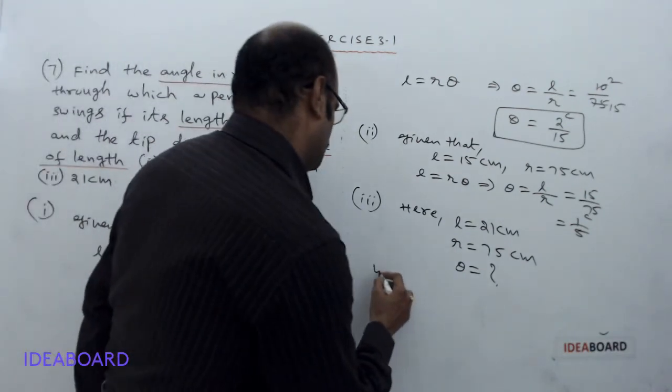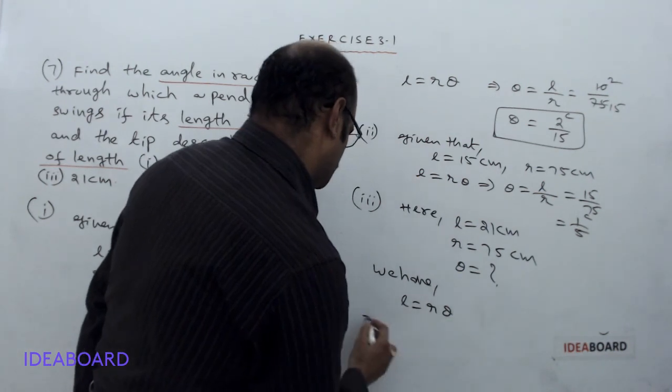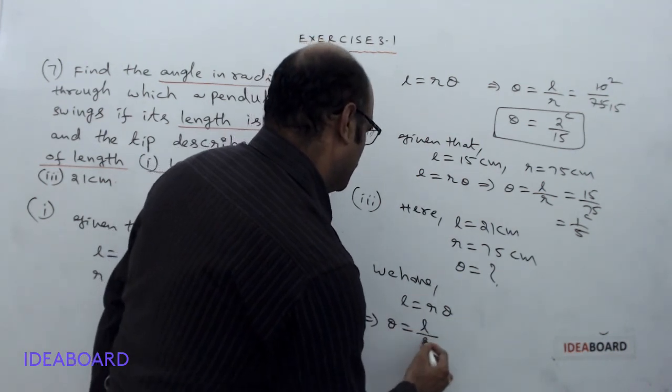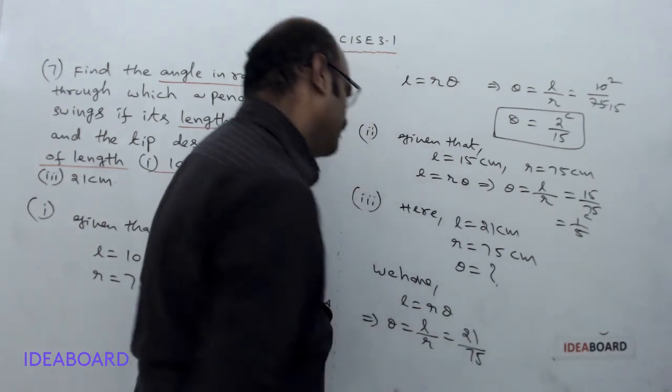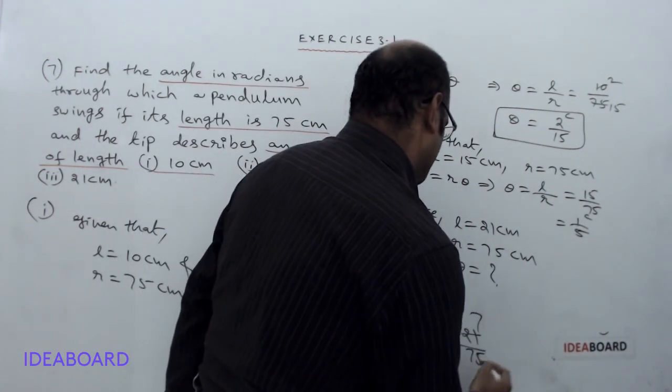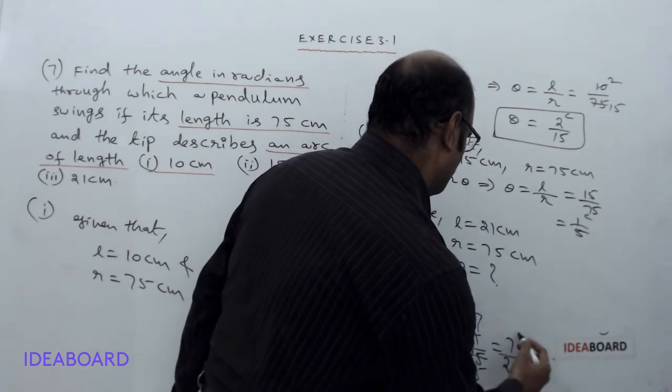We have L equal to R into theta, so theta equal to L by R. So L equal to 21 whole by 75. So 3 sevens, equal to 7 by 25 radians.